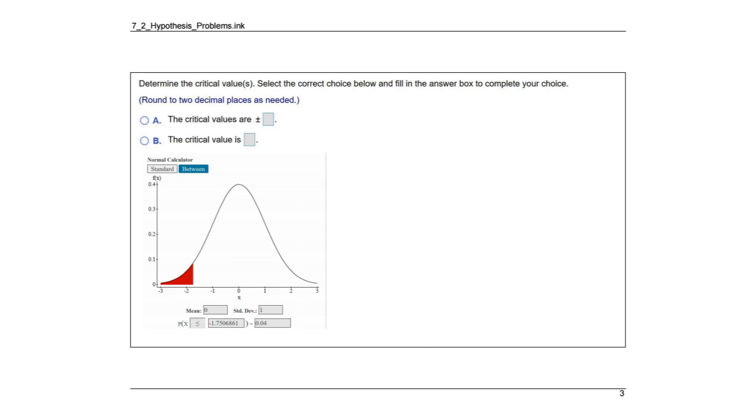So next they ask for the critical value. So remember, that's tied to alpha. We know because of our alternative being not equal to, we know that we have a two-tail test, right? We've got a tail here, and we also have a tail here.